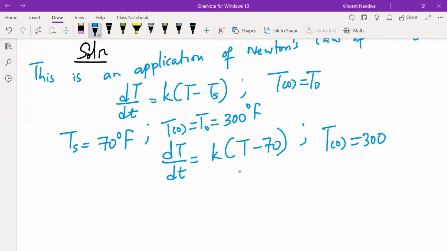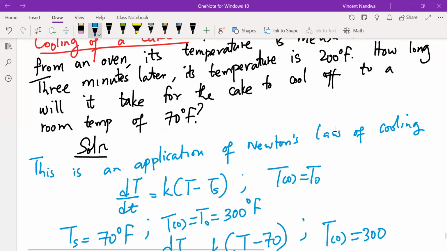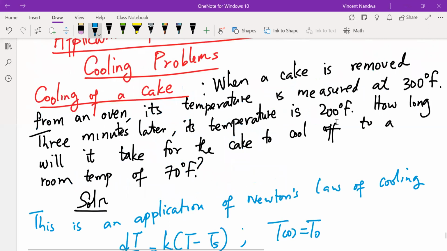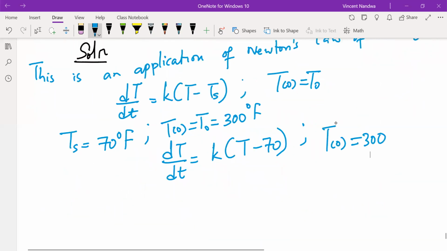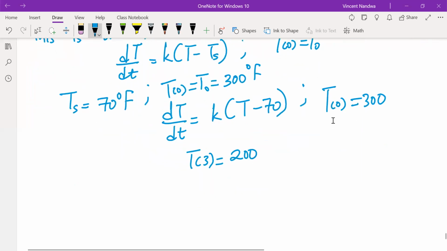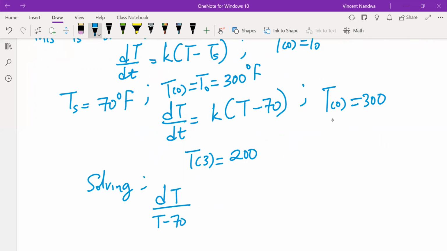And then after 3 minutes, the temperature is 200 degrees Fahrenheit. So T at 3 is given by 200. Remember our time in this case is minutes. So solving by method of separation of variables, we'll have dT over (T minus 70) equals k dt.